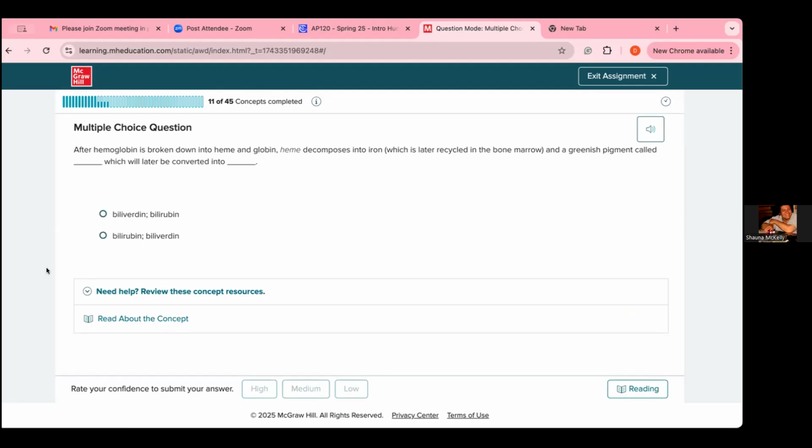So it's the top one. Biliverdin, the greenish pigment, and bilirubin. It's converted later. It's the top choice with biliverdin first.